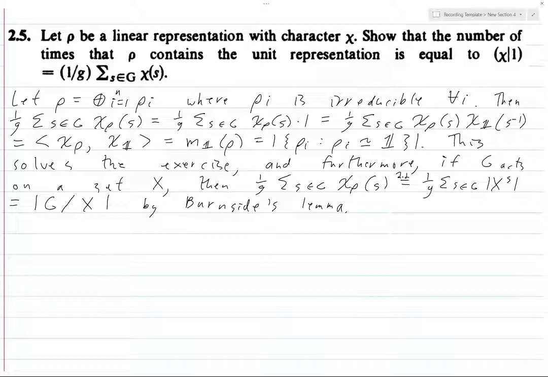Not really modding out by... Well, I have it on my paper as going this way, and I'm going to guess that this is just some notational thing that I learned, because it doesn't make sense to talk about the set G exclude capital X, because X is not a subset of G. X and G are completely different things.